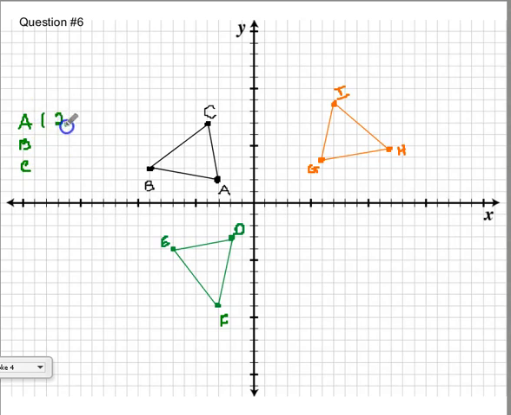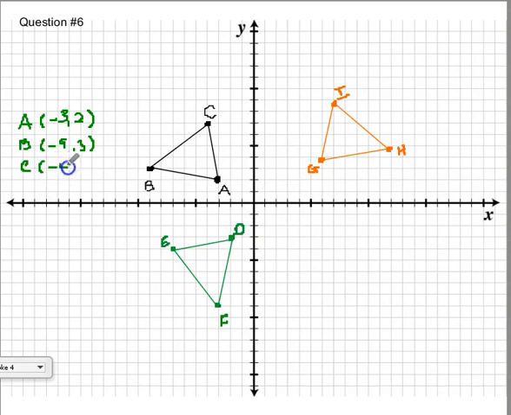A is -3 and 2. B is -9 and 3. And C is -4 and 7.